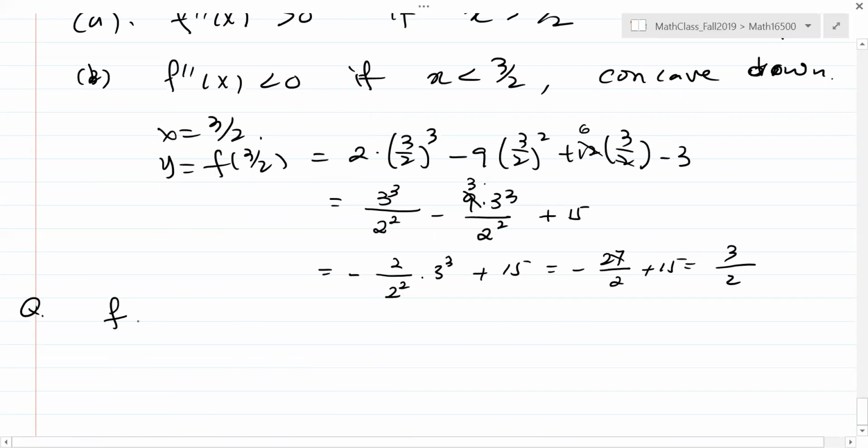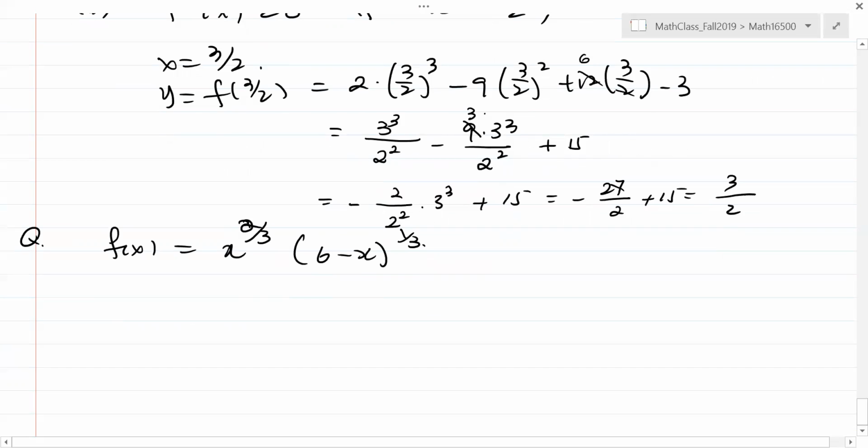Now let's look at another type of function. You will see this kind of function very often on the test. The power of x is a fraction. How do we sketch the graph? It's not differentiable everywhere, but the function is defined on the whole line.